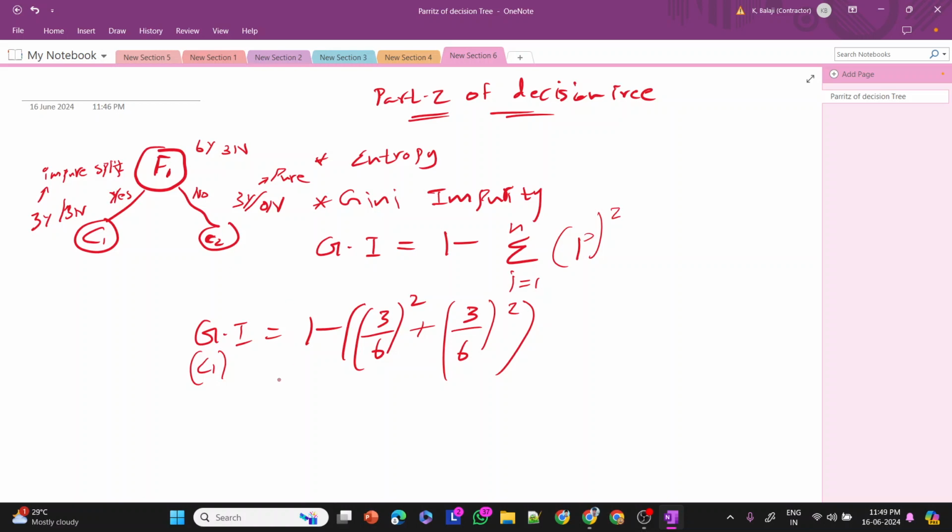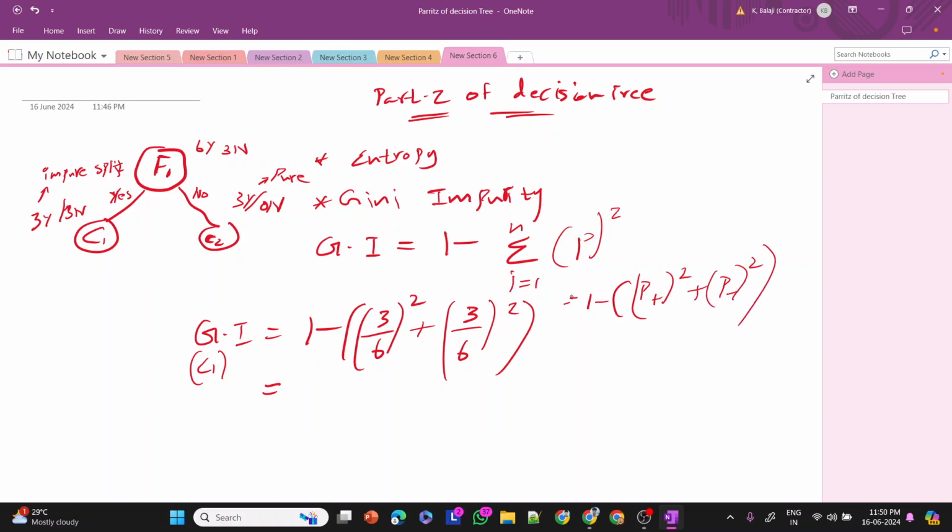When computing this, we can write the formula in this form also, because we have yes or no: 1 minus p plus whole square plus p minus whole square.